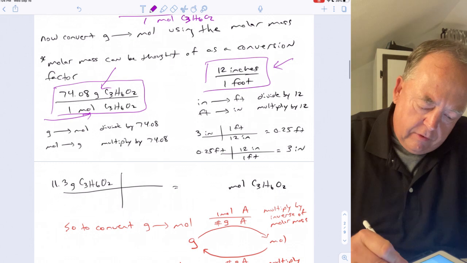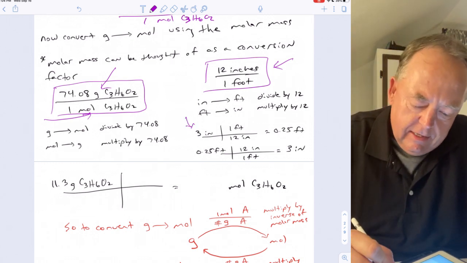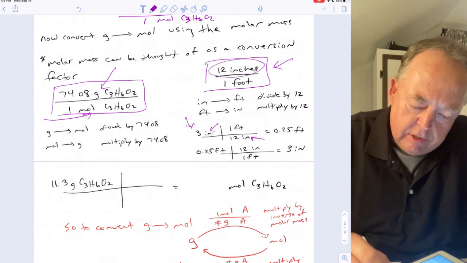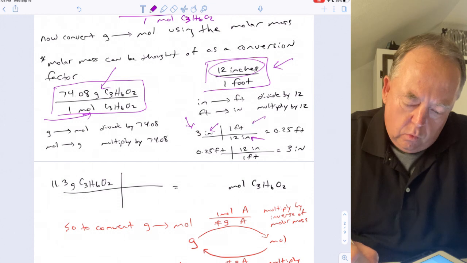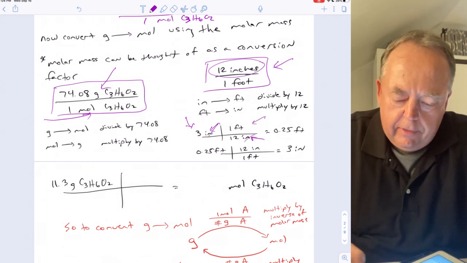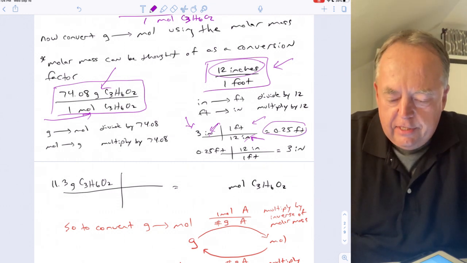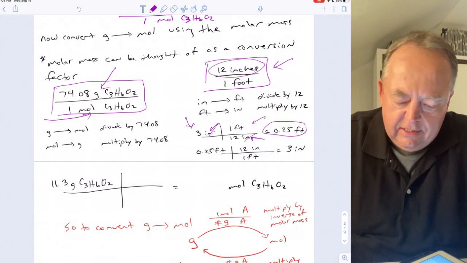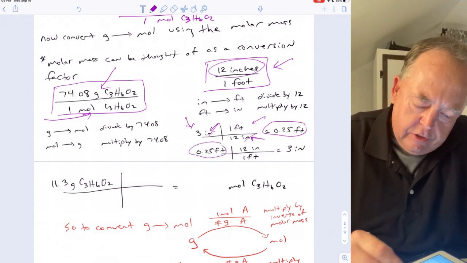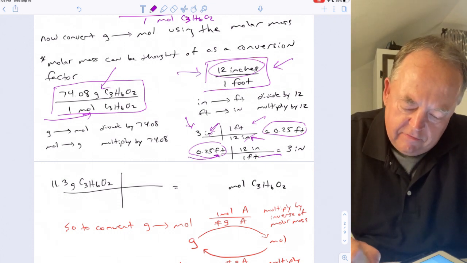So for example, if you had 3 inches and you wanted to convert that to feet, you could set up a dimensional analysis. Since inches are on the top, then they need to be on the bottom here. So that number needs to go on the bottom, and then the 1 foot needs to go on the top, and then inches cancel, and 3 divided by 12 gives you 0.25 feet. Or if you had the opposite, if you had 0.25 feet and you wanted to convert to inches, again, you use the same conversion factor, but now since feet are on top here, then you need feet on the bottom.